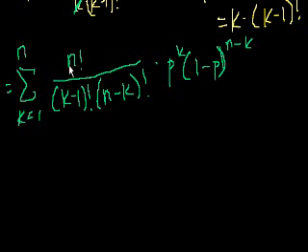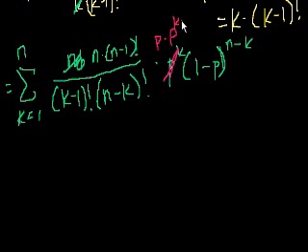So we could rewrite n factorial using the same trick up here. n factorial can be rewritten as n times n minus 1 factorial, by the same logic. And then p to the k could be rewritten as p times p to the k minus 1.